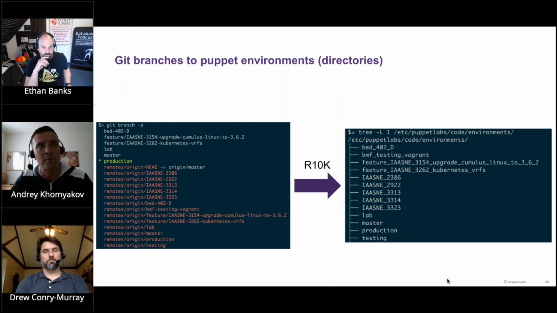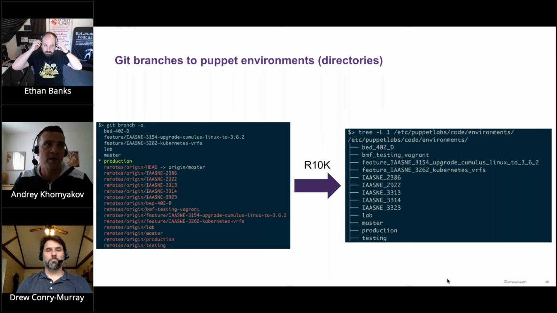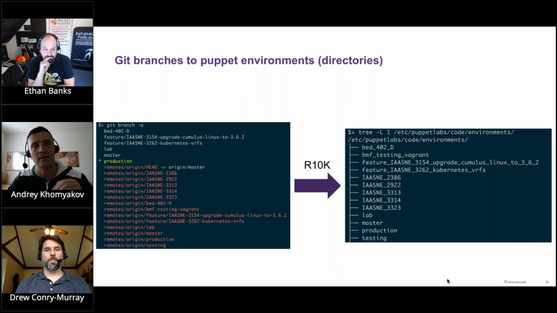On the right here, I have Puppet environments, and most of them don't have any agents. Most of my agents are in the production environment. But I can put some of my agents in a testing environment, and some in a lab environment. So if I make my changes in the feature branch, I can then merge it into testing.